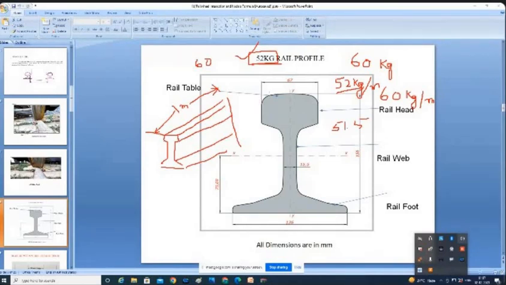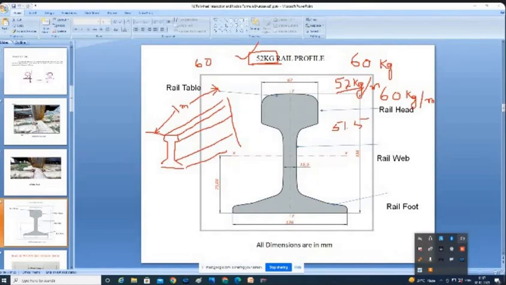Because of the movement of so many wheels over the rail, 0.5 kg is reduced. That is the meaning. So don't think there is a 51.5 kg rail. In railways, it is either 52 kg, 60 kg or 60 kg modified. Only 3 types of rails are available in broad gauge.